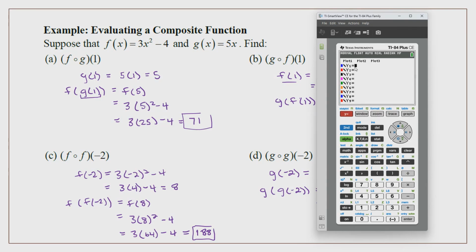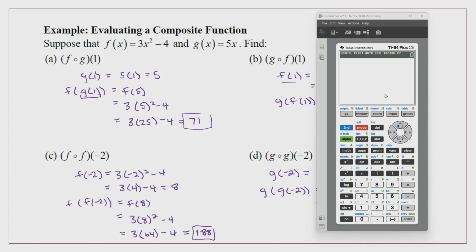For y1, I'm going to place the f of x function, and for y2, I'm going to enter 5x, the g of x function. So I have 3x squared minus 4, and I have 5x here. Now I have all of them entered in, so I want to go back to the home screen.